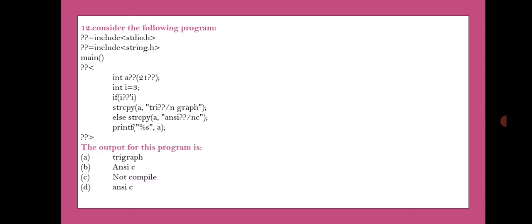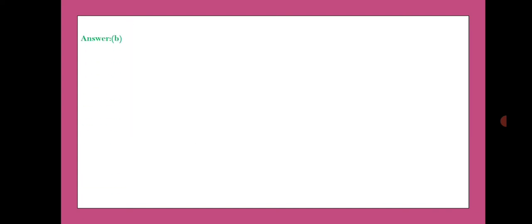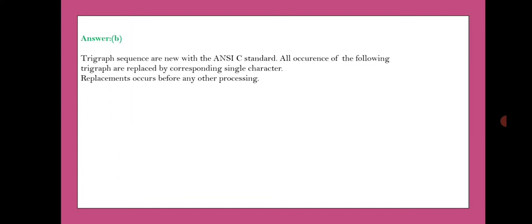If you are puzzled, what is this symbol? It's simple. It's a trigraph sequence, which is new in the ANSI C standard. All occurrences of the following trigraphs are replaced by the corresponding single character. Let's look at the table. So here the answer would be B, ANSI C.